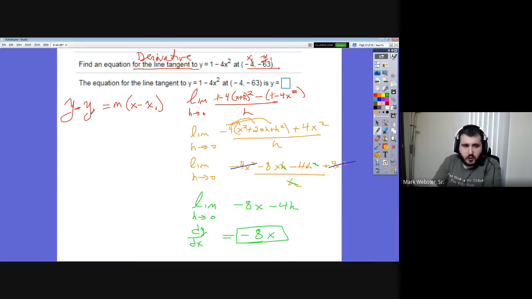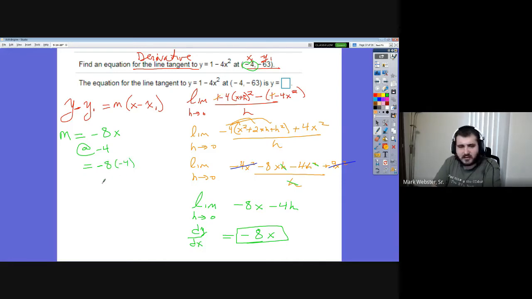So now what we can do is we can find the slope, our x1, our y1, plug them in. Well, let's find our slope. And where's our x at? It's at negative 4, right? So we're doing it at negative 4. That means that it's negative 8 times x, negative 4.